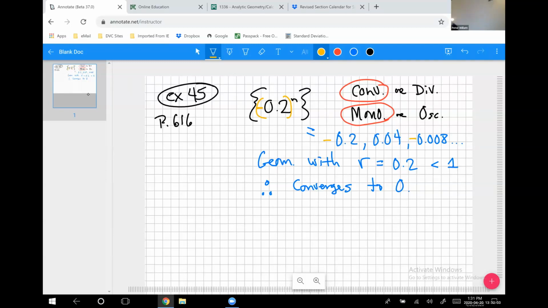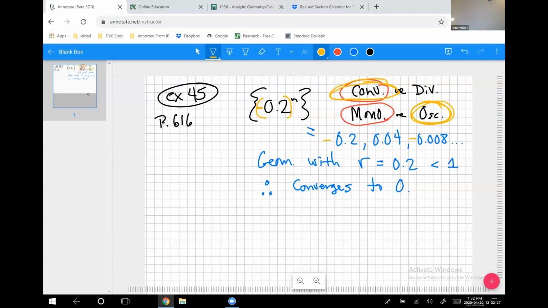So if that was the case, then it would still be going to 0, and I would still say that the terms converged. But because it's oscillating between positives and negatives, then it would decrease from a positive to a negative, but then it would increase when it went from the negative back up to the positive. So in that case, it would be an oscillating sequence that converged.